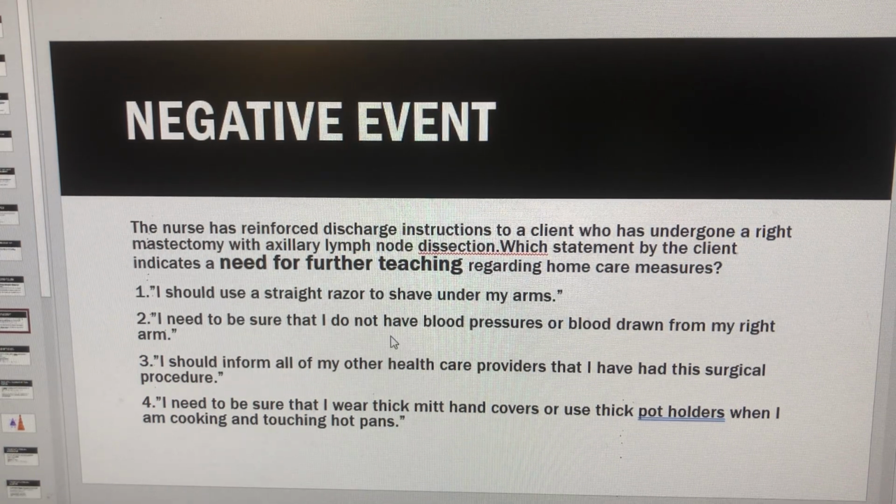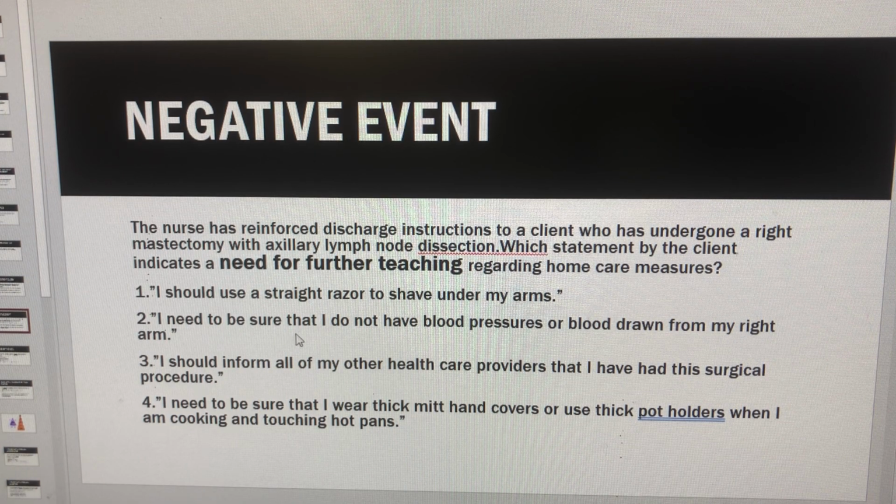Negative event. The nurse has reinforced discharge instructions to a client who has undergone a right mastectomy with axillary lymph node dissection. Which statement by the client indicates a need for further teaching regarding home care measures? 1. I should use a straight razor to shave under my arms. 2.